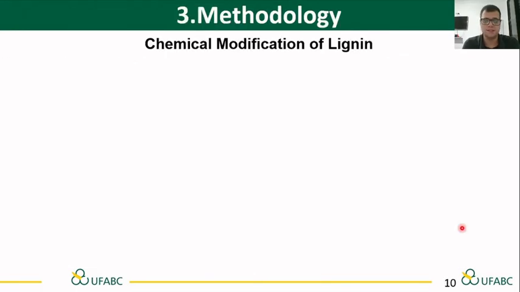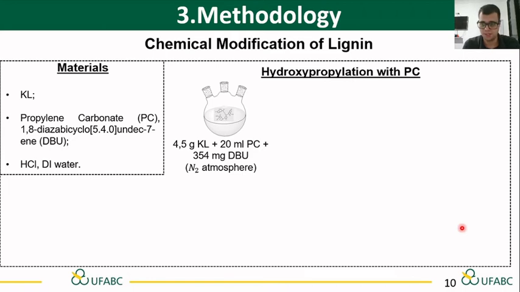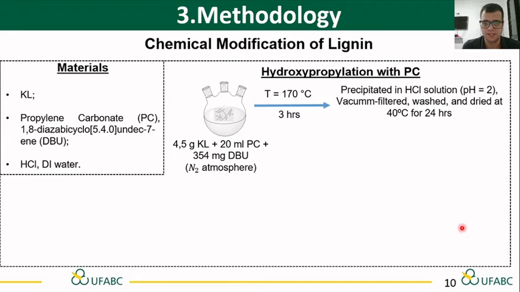Now let's see the methodology used in the hydroxypropylation of lignin with propylene carbonate. At first, kraft lignin was mixed with propylene carbonate and DBU catalyst. The resulting solution was kept at 170 degrees for 3 hours under nitrogen atmosphere.